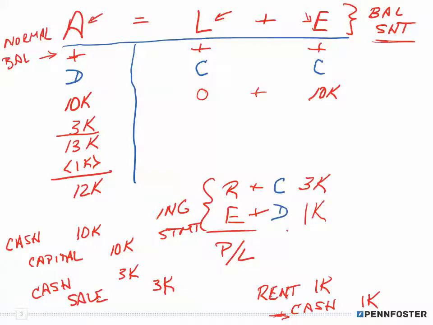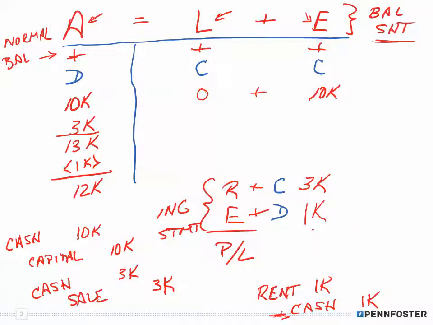Now, this comes to the point where we're doing the closing process, and you've heard me in the previous frameworks talking about an unadjusted trial balance, okay? When we start with beginning balances, we make journal entries, we post everything at the end of the accounting period, we create an unadjusted trial balance, and that's where we're at right now, okay?